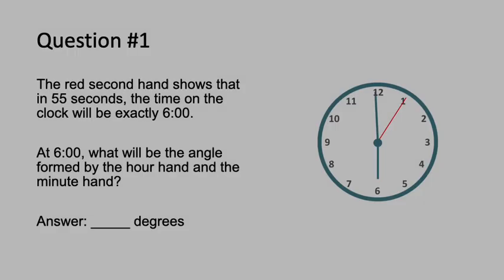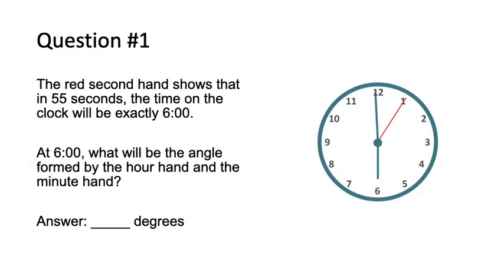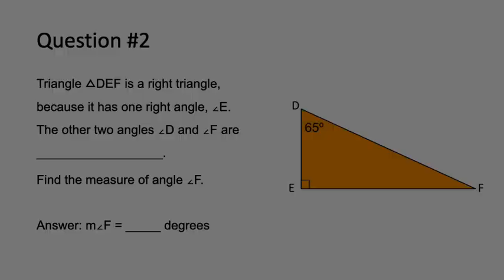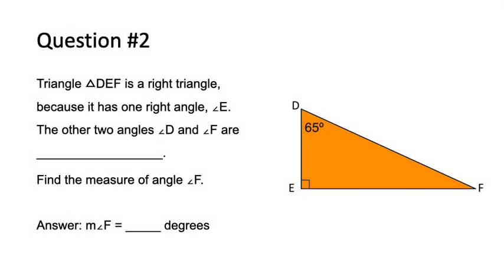The first question looks like this. I'm just going to show you the diagram. You are asked to determine the angle formed by the hour hand and the minute hand at exactly 6 o'clock, and you will come up with that answer. And then I'll go over the other questions, and then you can put it on pause and go ahead and answer the questions.